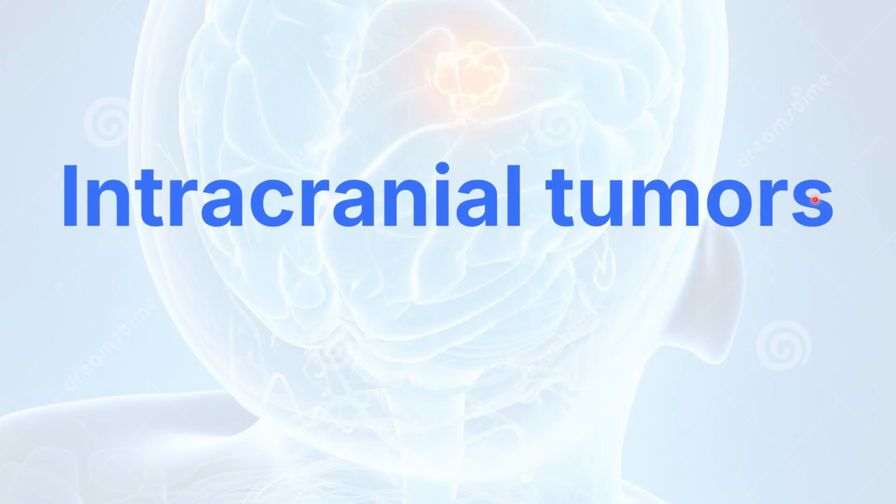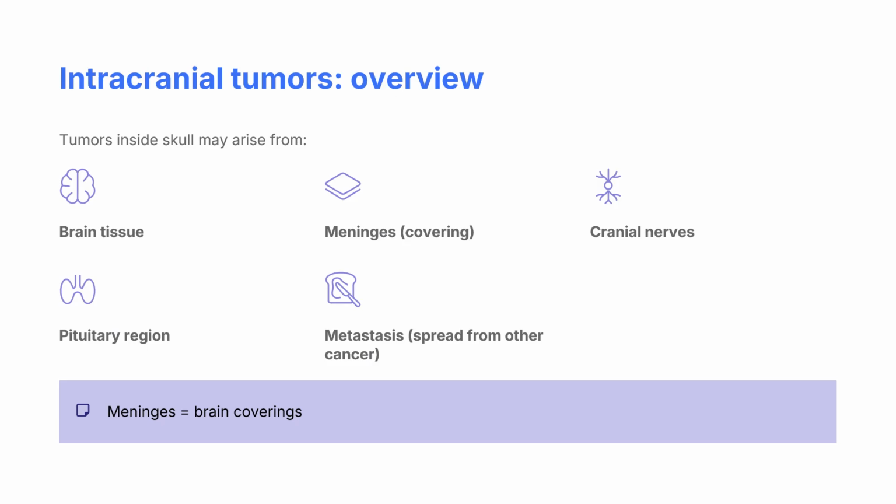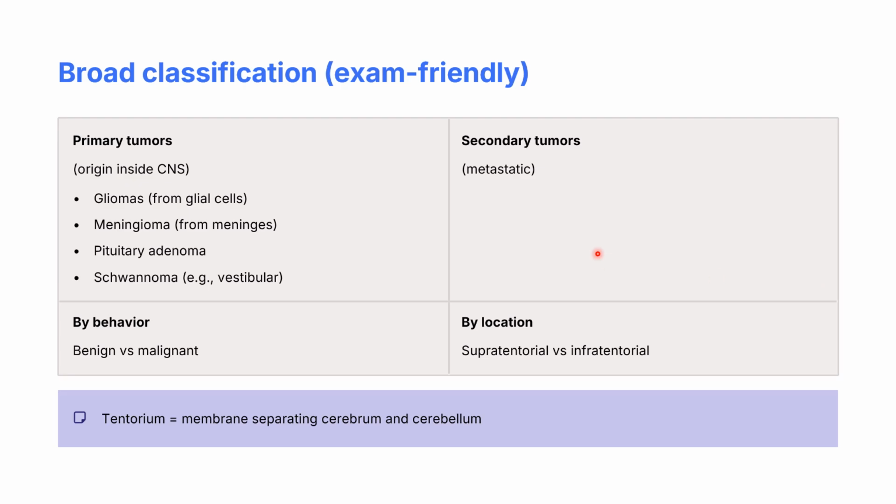Now we are talking about tumors which arise from the brain tissues. Intracranial tumors can happen in the meninges, cranial nerves, pituitary region, or be metastasis, meaning they spread. The location of the tumor will determine the symptoms. Broadly, tumors are classified as primary and secondary, benign or malignant.